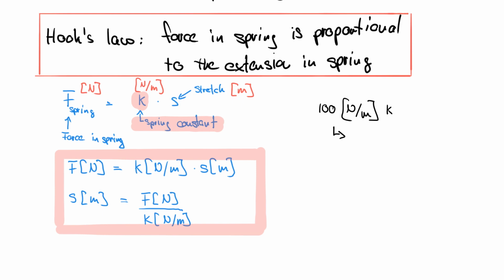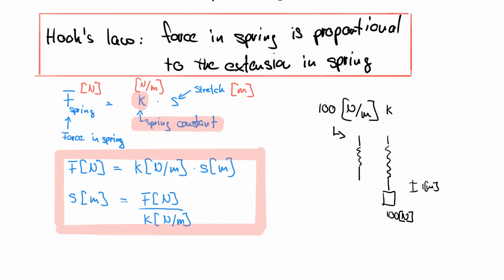So please understand that if you have a spring that, let's say, initially looks like this, and then you apply 100 Newton to it. So let's say here I now have 100 Newton. Then I have a delta L of 1 meter.